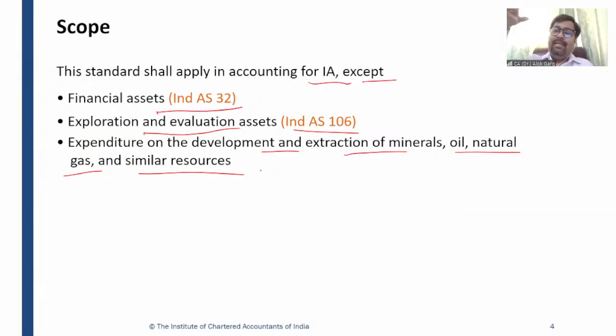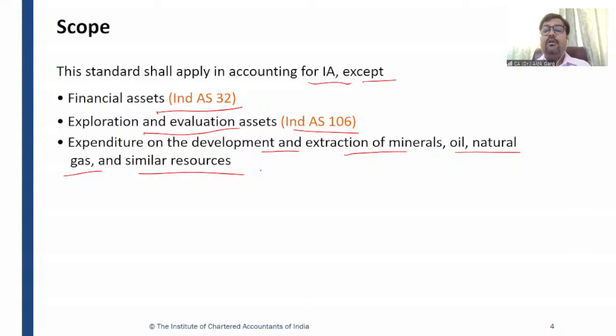So if a company is getting some right to extract these ores, to excavate, to extract, okay, these rights are covered under Ind AS 38, but these ores, these exploration and evaluation assets, this extraction activity, this evaluation activity is not covered under Ind AS 38, it will be covered under Ind AS 106.